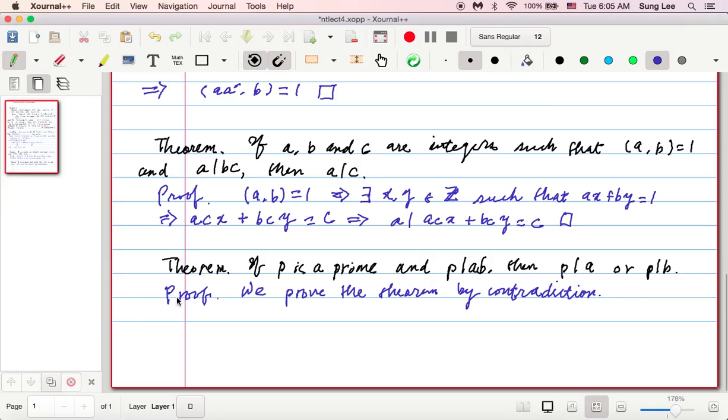So suppose, the negation of this is going to be, suppose P does not divide A and, when you negate, OR changes to AND, P does not divide B. So that's the negation of this statement here. I have to move to the next page.